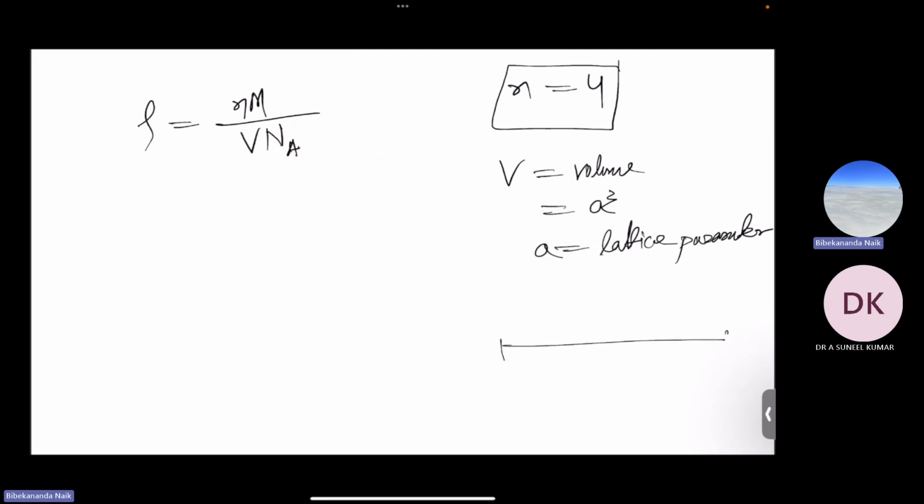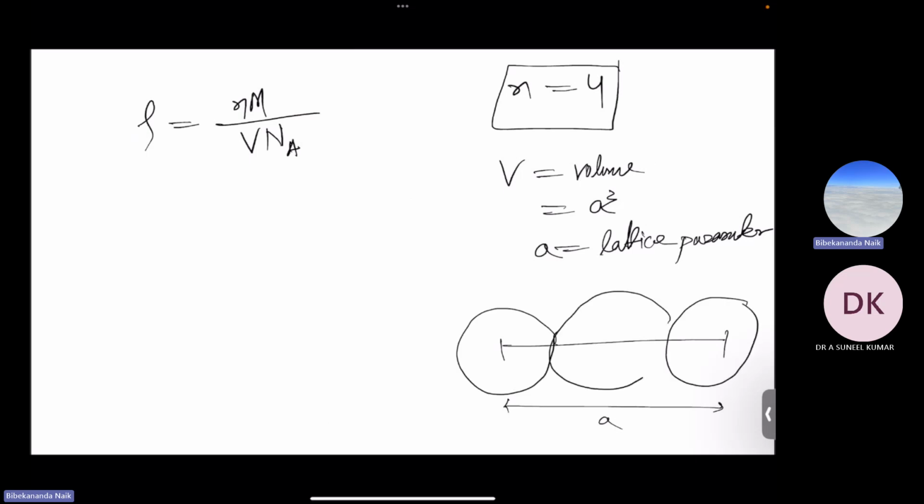So suppose this is A, total this is A. One atom is present here, another is here, and another is in between them. So this is one radius, this is one radius, and suppose this is Mg, and this is O, and this is Mg. So there will be two radii of Mg and two radii of oxygen.